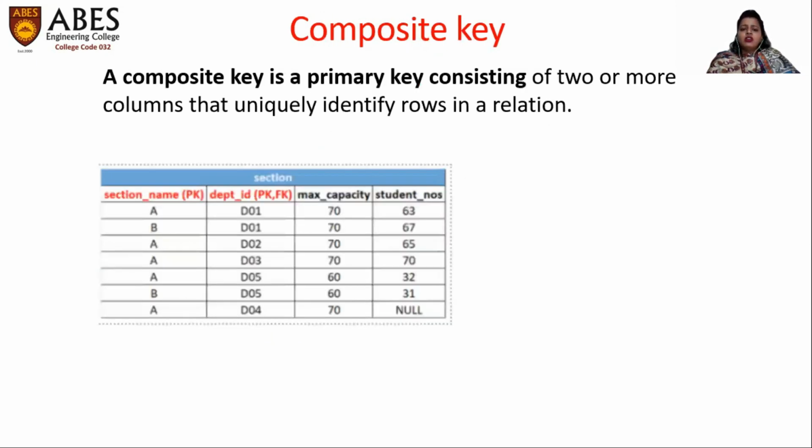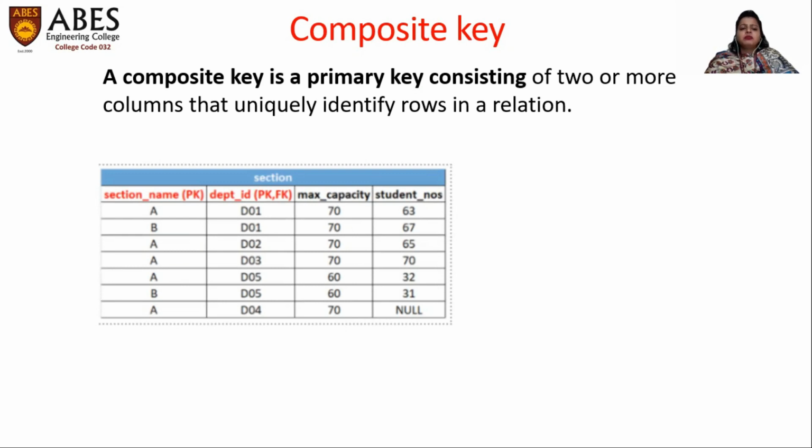Now, talking about the composite key. What is a composite key? A composite key is a primary key consisting of two or more columns that uniquely identify rows in a relation. Earlier we discussed that if you have a single key that can uniquely identify, that's fine. But where you do not have any specific key that is unique, for example, in the given section table, section names are repeating.